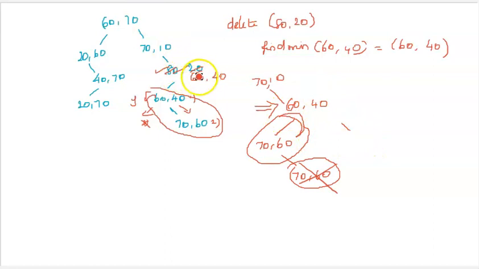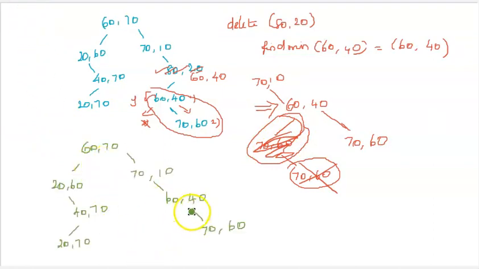So after deleting 80-20, 60-40 gets replaced and this subtree is totally changed into 70-60. Now you have to swap it to the right side. So this 70-60 now moves to the right of the tree. It is 70-60. So hence your resultant tree, this one.